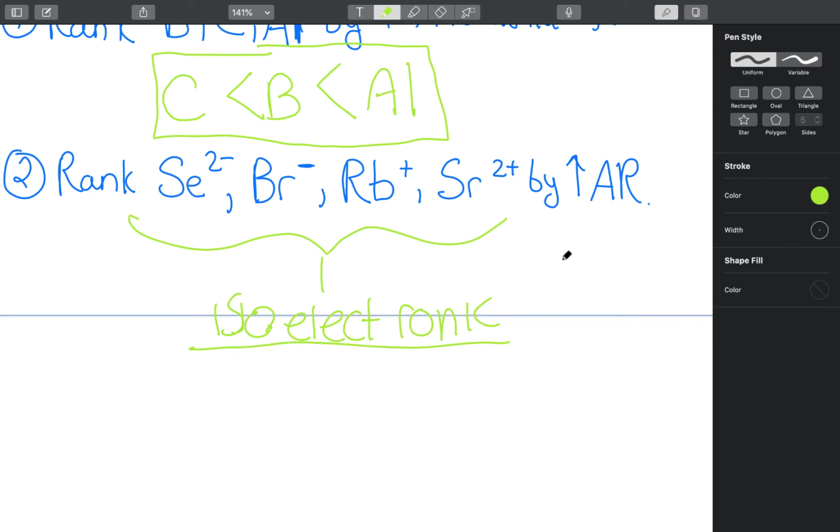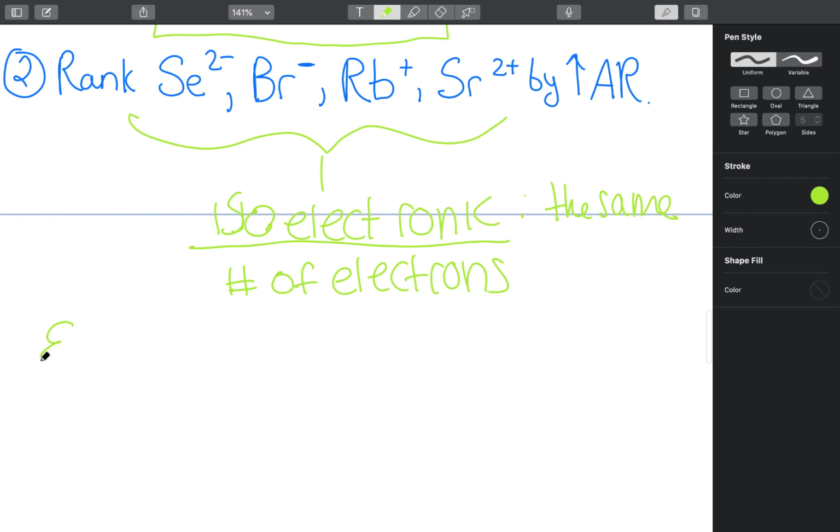Well, isoelectronic means that they have the same number of electrons. So all of these, if you go through each and every one of them, have the electron configuration of krypton. So therefore, we can use the charge in order to rank the size of these.